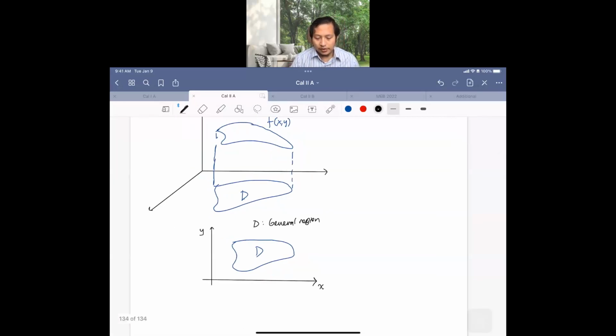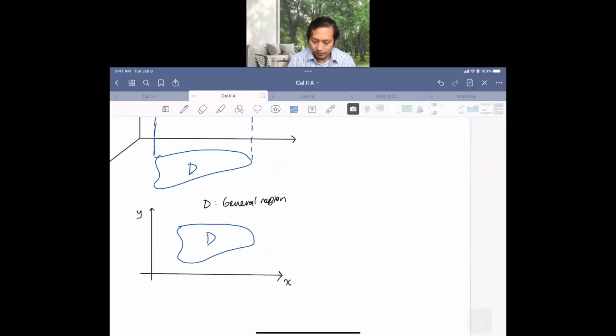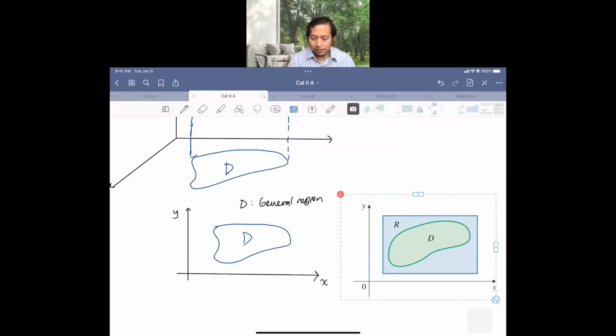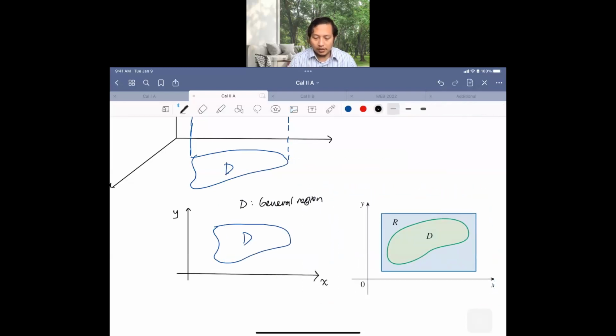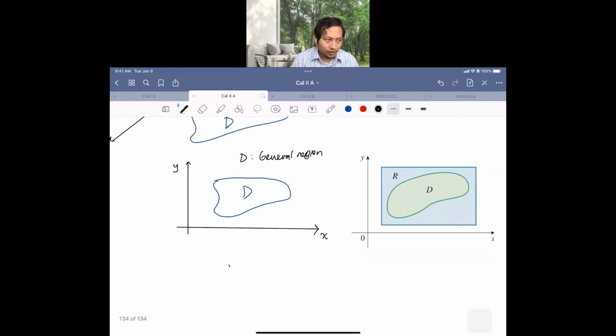But we can make this general region fit inside some restriction. We can make it into a box like this. Suppose this is another region R, the rectangle R. So we can make our function into a piecewise definition.